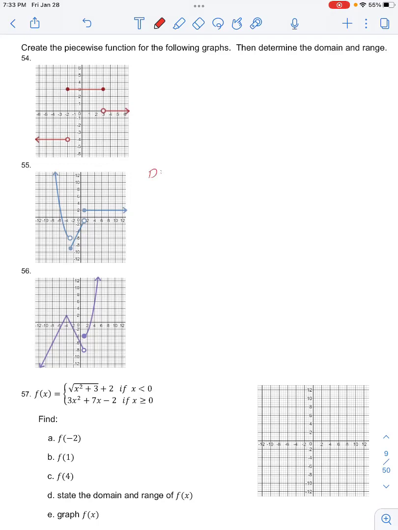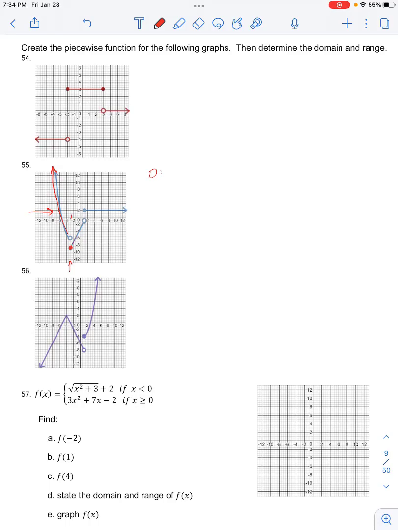So x's extend from negative infinity because this parabola continues on forever. And here where we have a disjunction, we do have a closed dot there, so this means that it is continuous at negative 3.